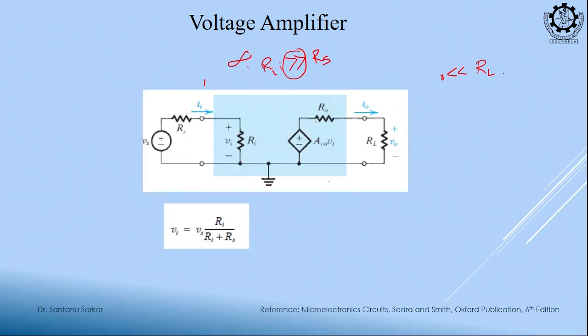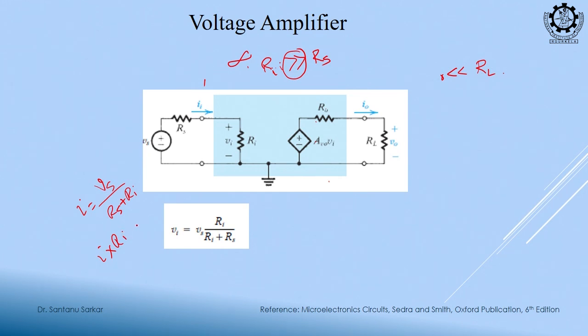So, can you tell me this relationship? Vi is equal to, in terms of Vs, potential divider, right. This drop I into R. What is I? Vs by total resistance. You multiply that with Ri.